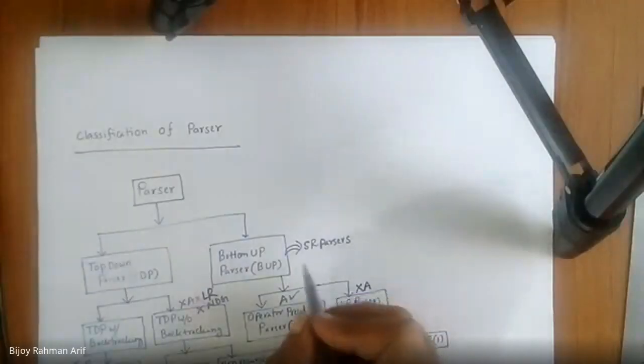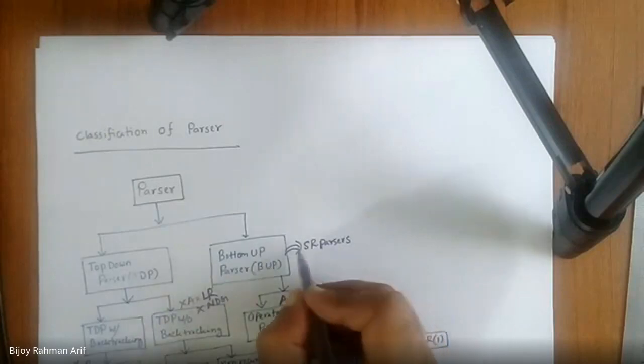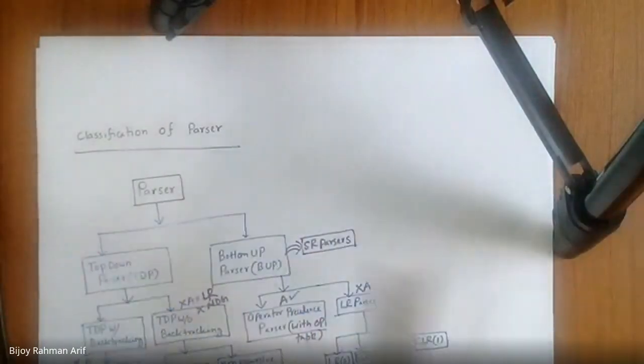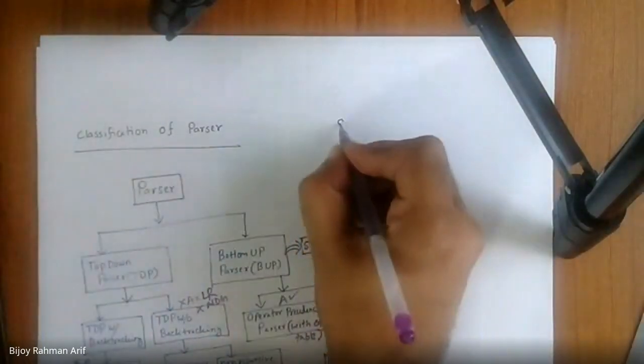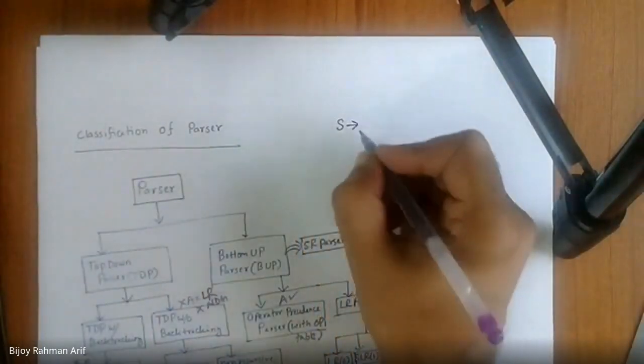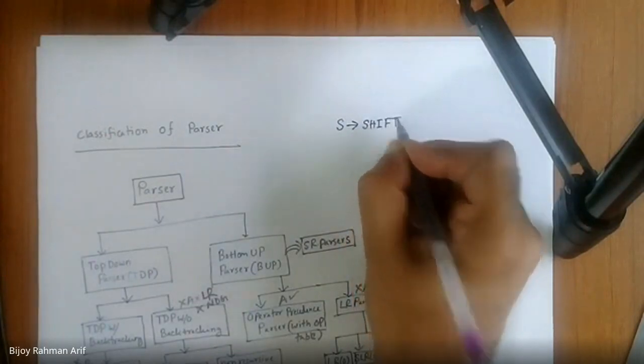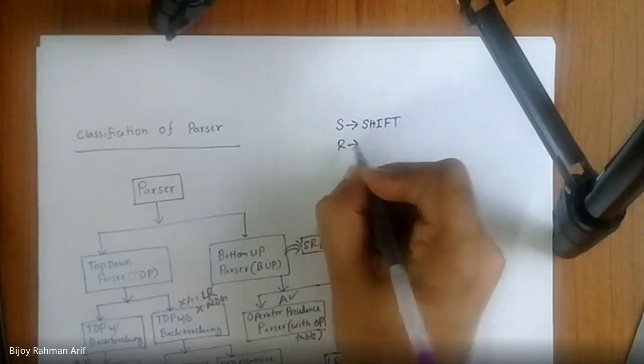Okay, so we have written here one term, SR parsers. Why are those called SR parsers? What is SR? S means shift. R means reduce.